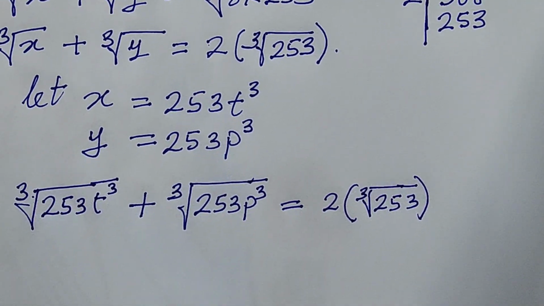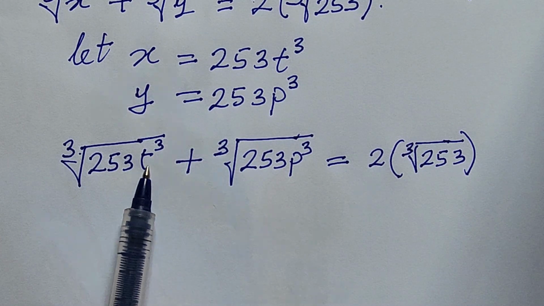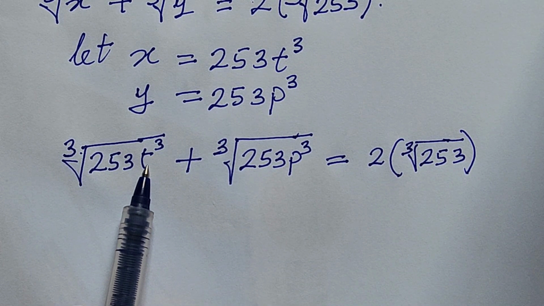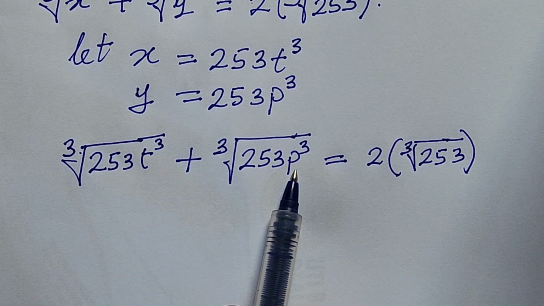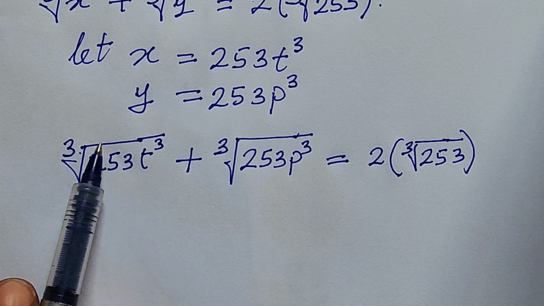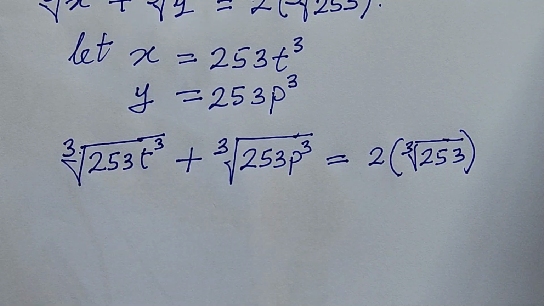Okay, so what do we do next here? From here, we can bring out t and p, because the cube root sign cancels the cube.